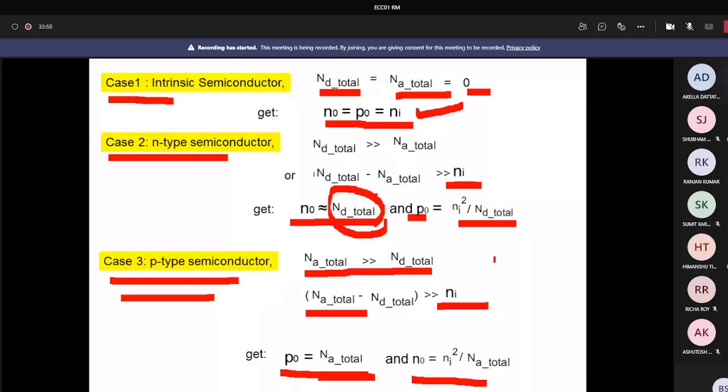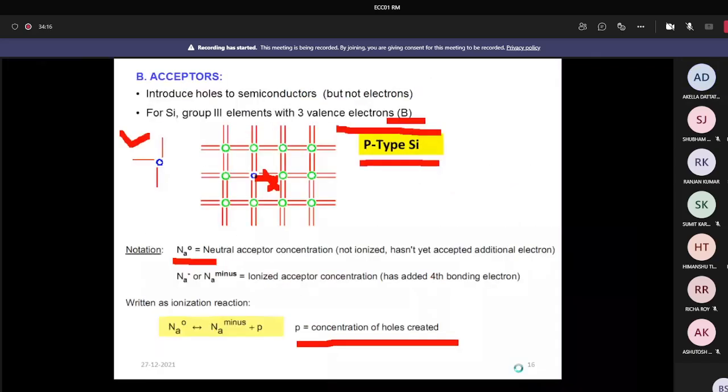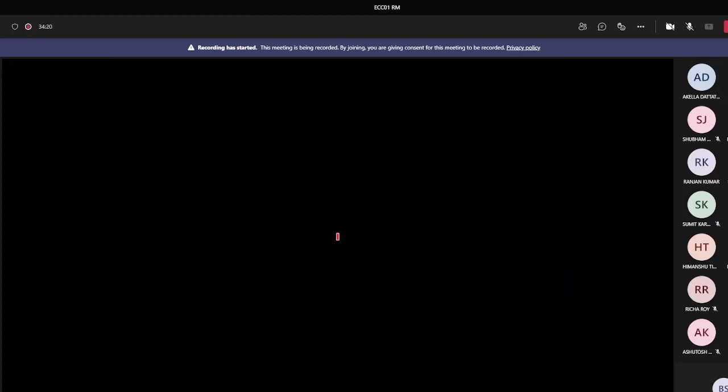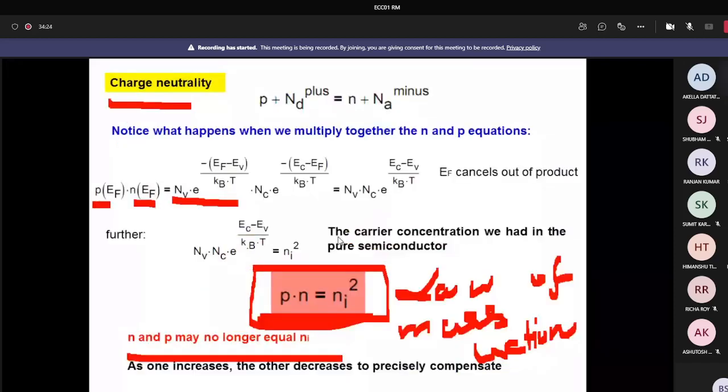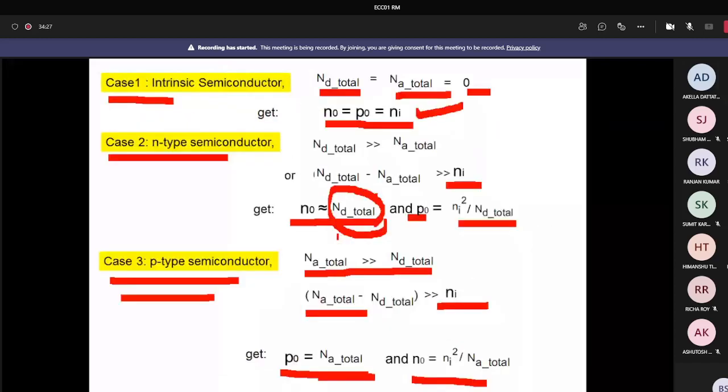Similarly, in P-type you will have the same reply: majority carriers are holes and minority carriers are electrons. There are no other charges.